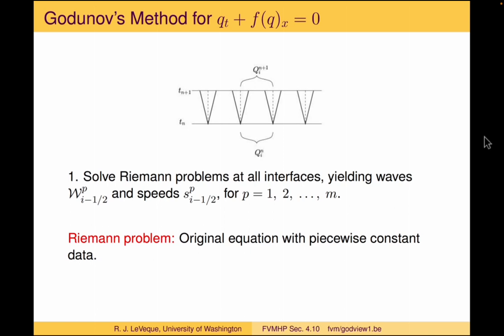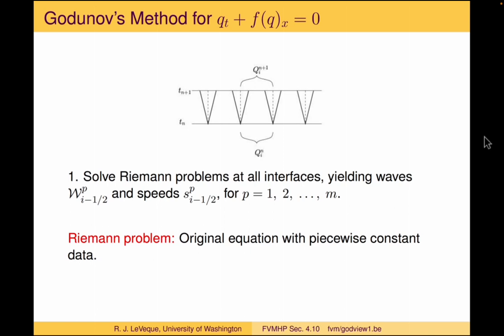Like the Upwind method, it's only first order accurate, so it's not very accurate as you refine the grid for smooth solutions. But as we'll see, we can use what are called high resolution versions of Godunov's method that restore something at least closer to second order accuracy and are actually quite effective for computing.